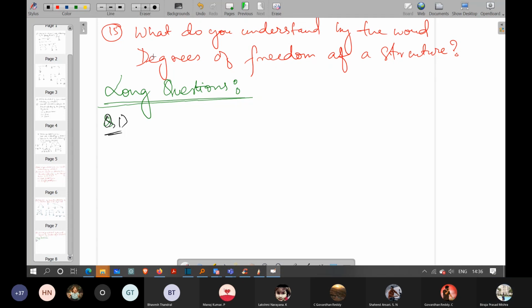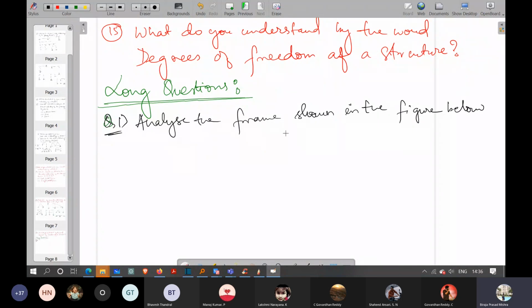Analyze the frame shown in the figure below using the principles of least work.